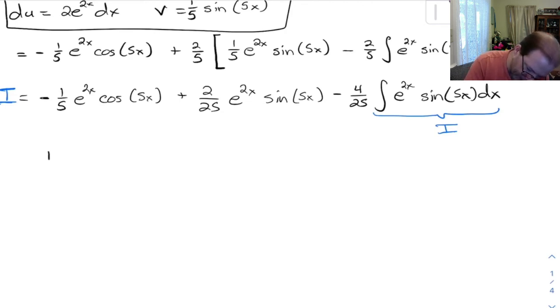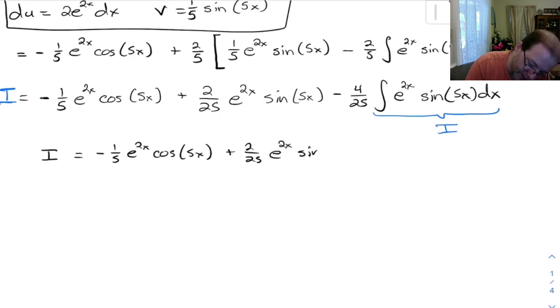It says I equals minus 1/5 e to the 2x cosine 5x plus 2/25 e to the 2x sine 5x minus 4/25 I.